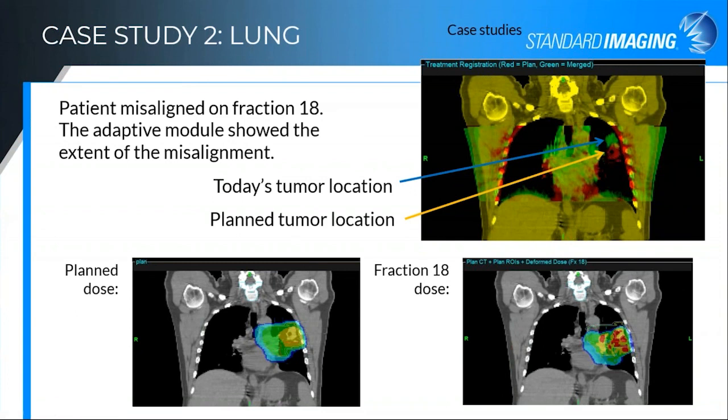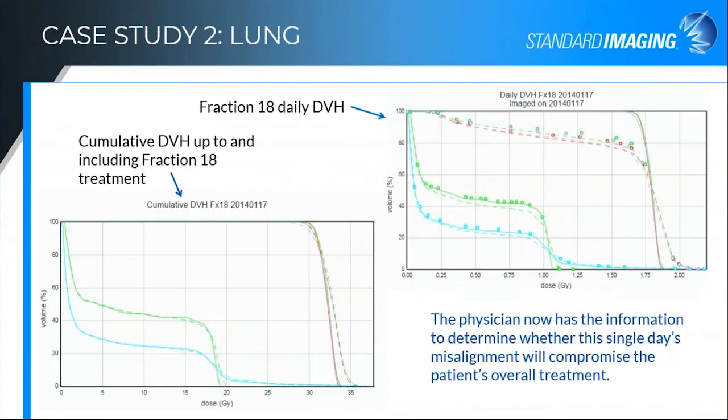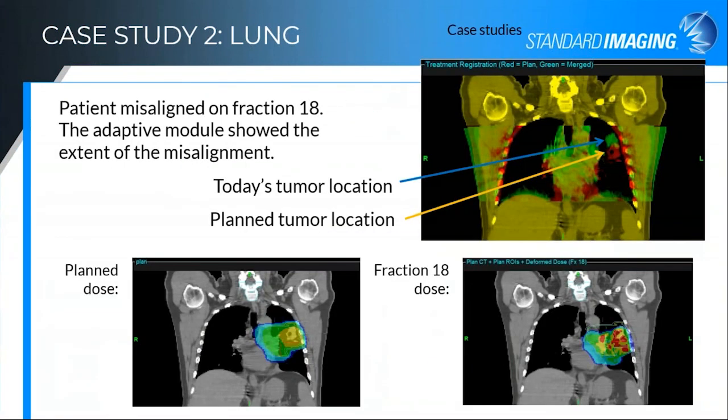The patient was misaligned. So although the planned dose is shown here on the left, the delivered dose that was actually given was significantly off target.